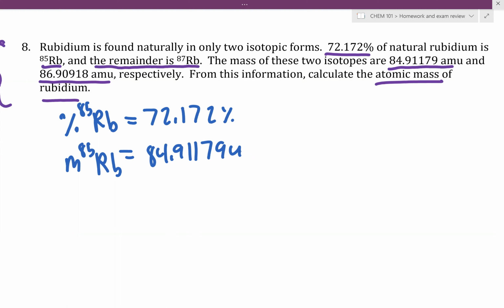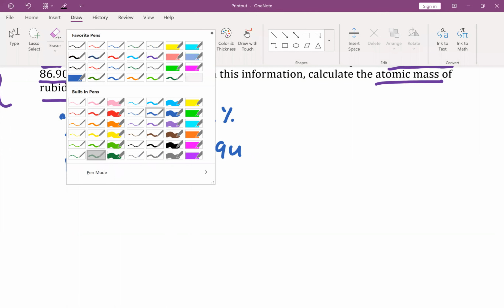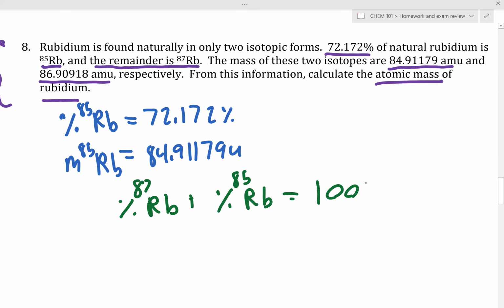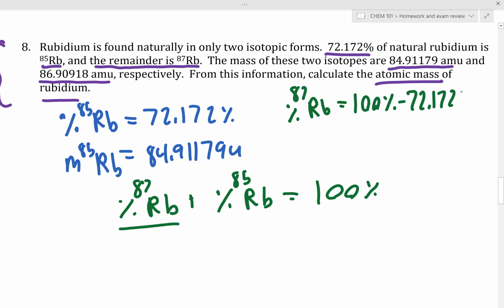Now, keeping in mind this information, we know that the percentage of rubidium 87 plus the percentage of rubidium 85 are equal to 100%. So then can we solve for the percentage of our other isotope? Yes. So the percentage of rubidium 87 is equal to 100% minus 72.172.